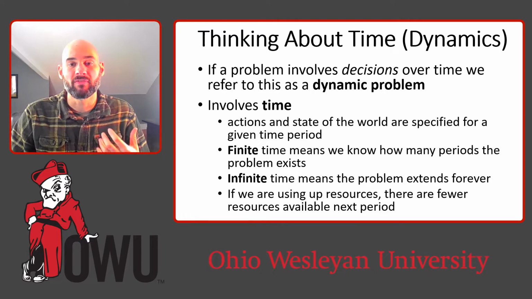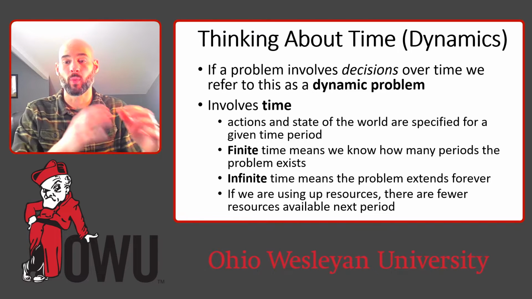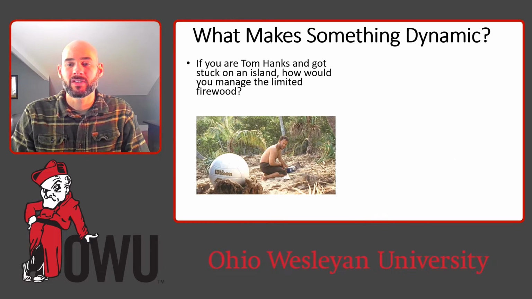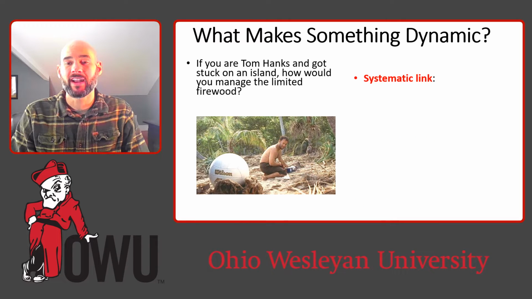And a fundamental component here of scarcity and dynamic decisions is that if we're using up resources, now there are fewer resources available in the next period. So there's a connection between the state of the world in one period and the state of the world in another period. That connection can be thought of as a systematic link.